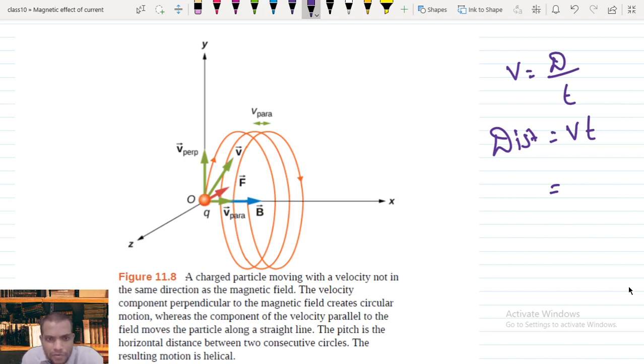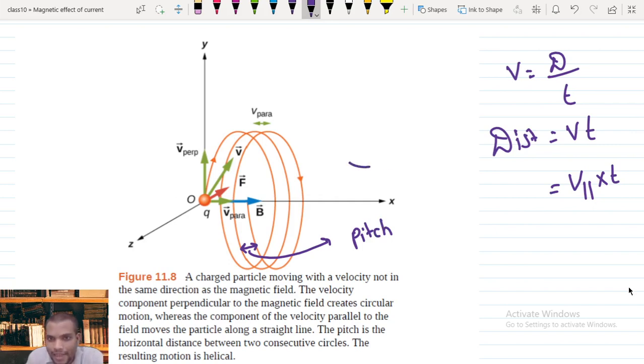The perpendicular component is responsible for the circular motion, but suppose I multiply the velocity parallel component with the time, we call that distance. I can show it here, this is the distance between two circles, or two rings, any word you can give. But that distance has a particular word which is known as pitch.